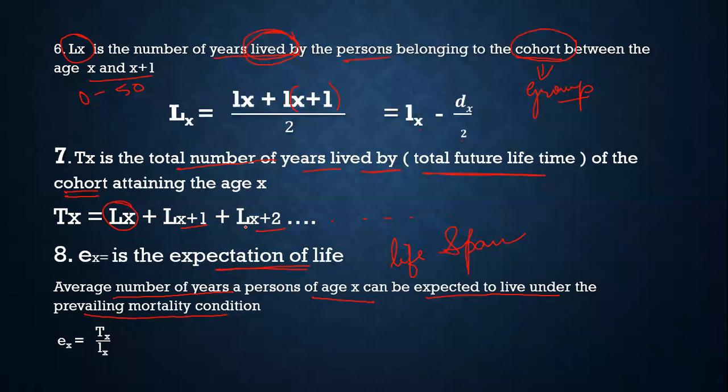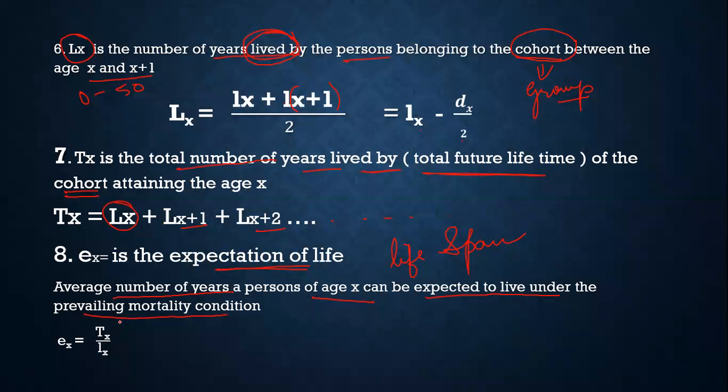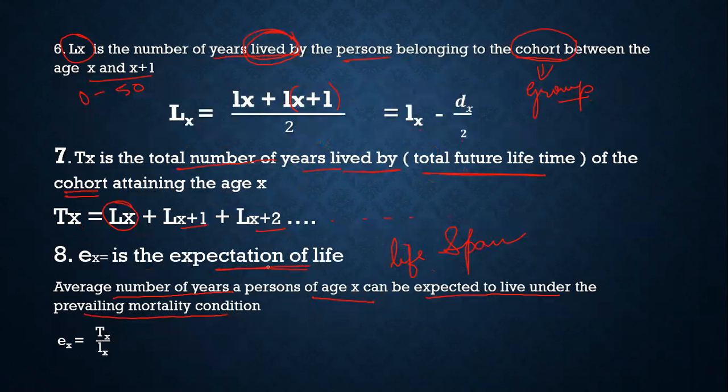We are considering the total number of years, Tx, the total number of years lived of that age group, divided by the number of persons living in that particular age group. That will be considered for expectation of life, that is nothing but Ex.